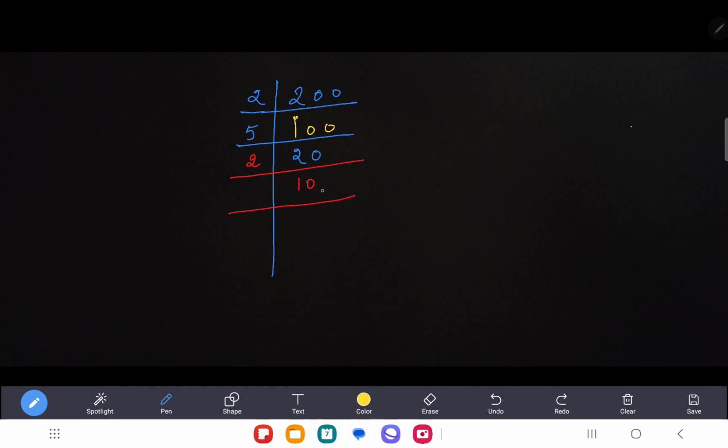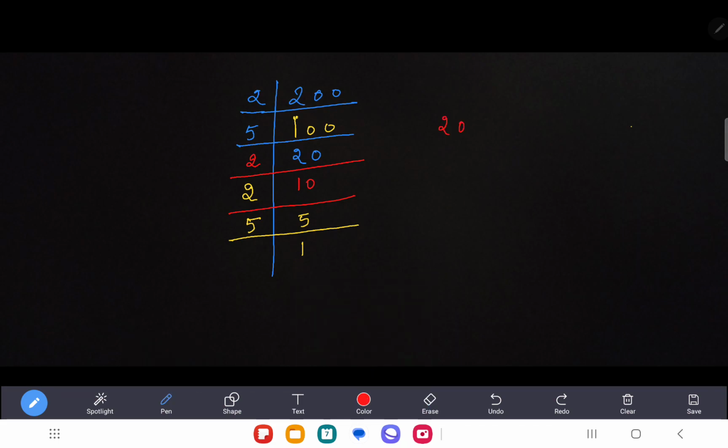Again, think of a number which can divide 10. 2. 2 times 5. Think of a number which can divide 5. 5 only. 5 times 1. You have to do it until you get 1 here. Any doubts in this? No.